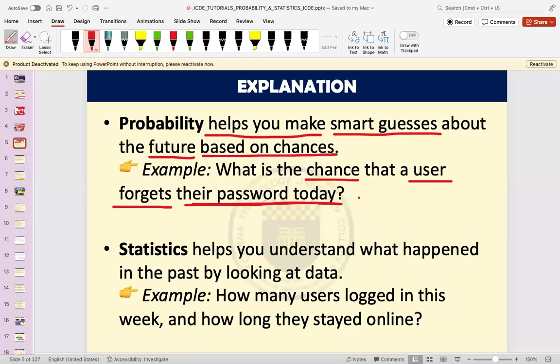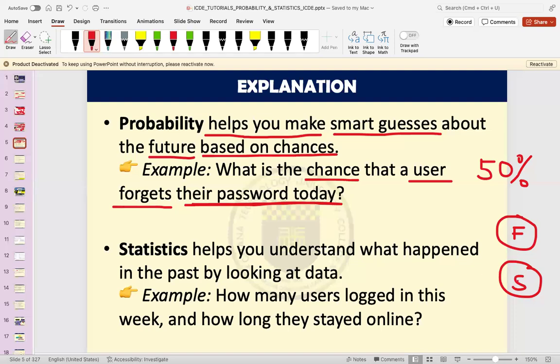If you ask me this question, what is the chance that a user forgets their password today, I will say it is 50%, like a coin. When you throw a coin down, either the first side will show or the second side will show.